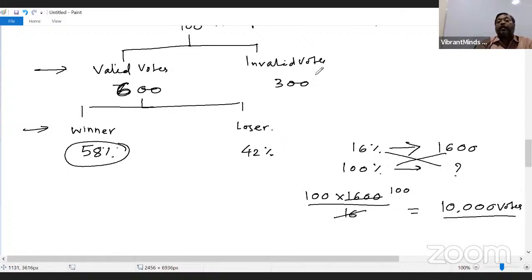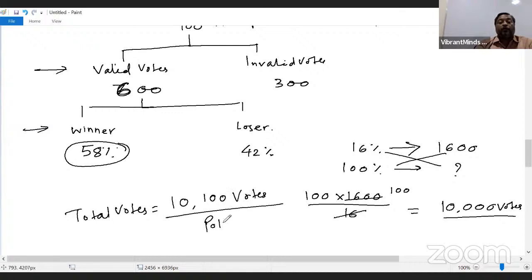We had invalid votes of 100. So total votes is how much? Total votes is 10,000 and 100 votes polled. Is it clear, everyone?